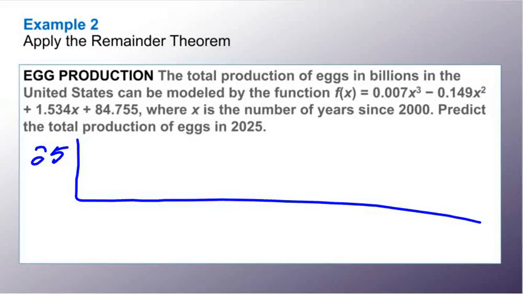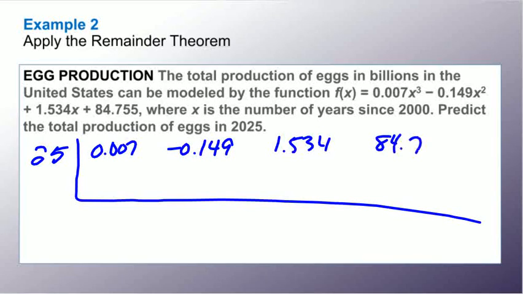So if I use synthetic division, that would be 25 here. And I would have 0.007, negative 0.149, and 1.534, and 84.755. Bring down the first number, 0.007.